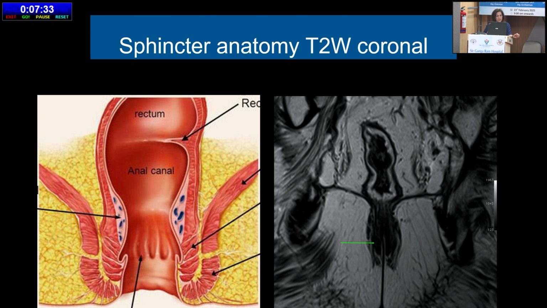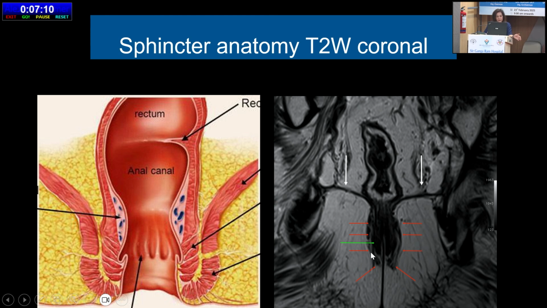So you can see the layer very well. The external sphincter, all the 3 components, that is the subcutaneous, the superficial, and the deep, are excellently delineated on MR. You can see the puborectalis sling and the levator ani muscles very well. And on either side here is the ischioanal fossa, which has the fat.